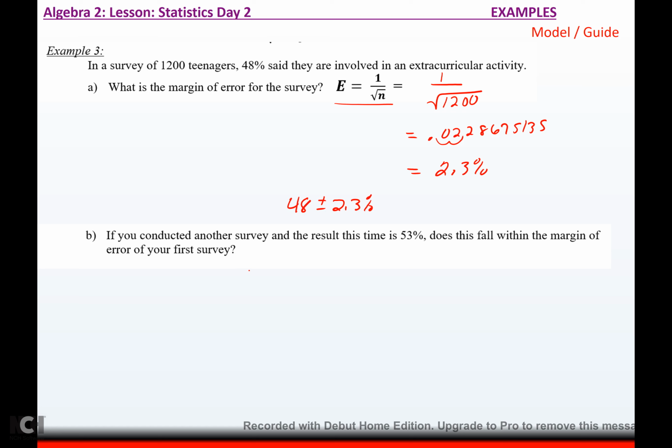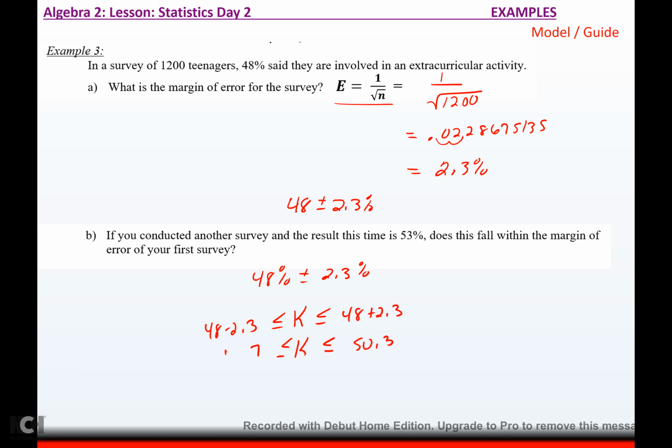If I do 48 minus 2.3 on this side and 48 plus 2.3 on this side, that leaves me my values between 45.7 and 50.3.